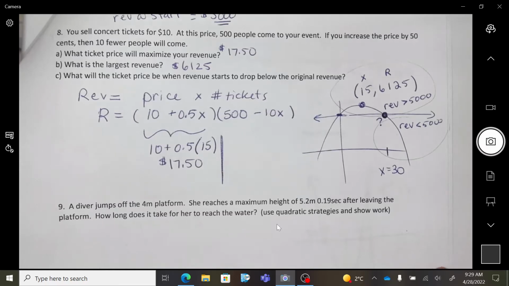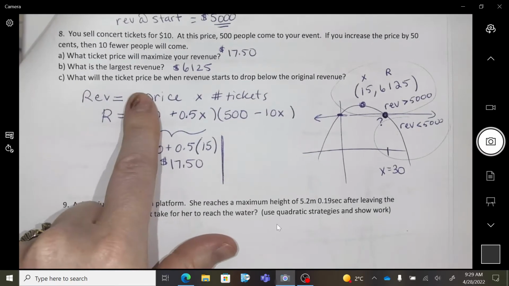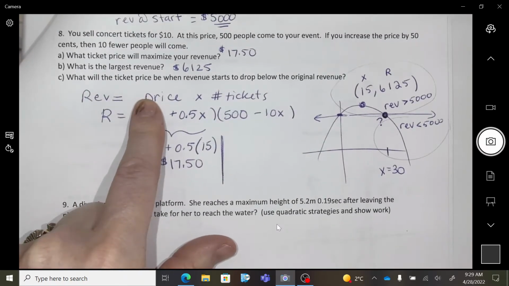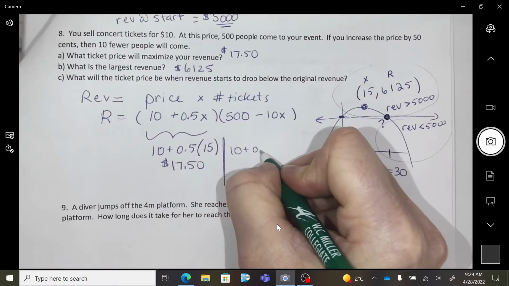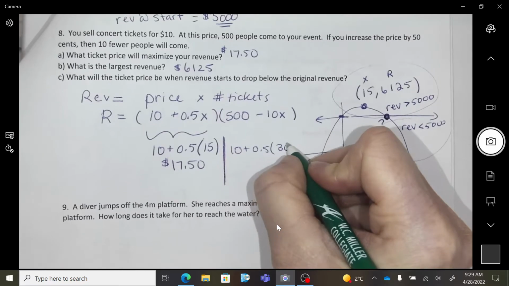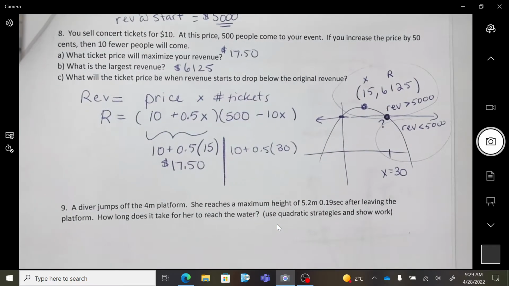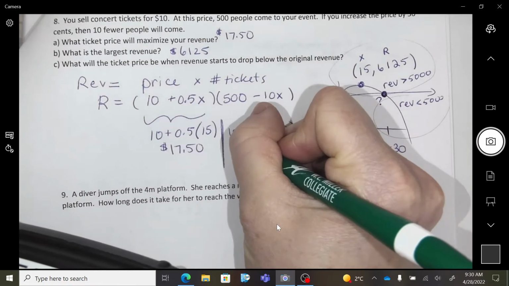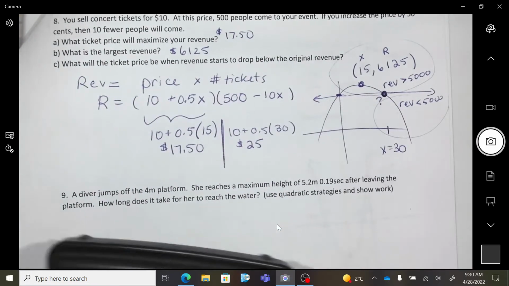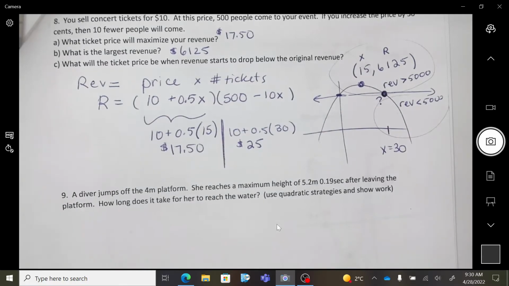Okay, so if X was 30, that's going to do that. But what ticket price? So I'm going to do 10 plus 0.5 times, and now I know X is 30 instead. Okay, so same format as the other one, but just a different X value. So if you make your tickets more than $25, you're going to start to just lose money.